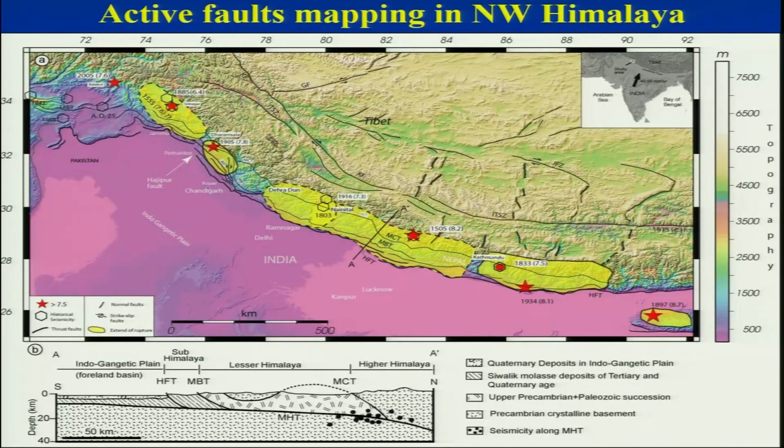For example, if we look at the Himalayan arc here, in terms of the historical records, some information is available which we have put here, like the historic earthquakes of 25 AD and 1869, 1842, and so on, 1885.